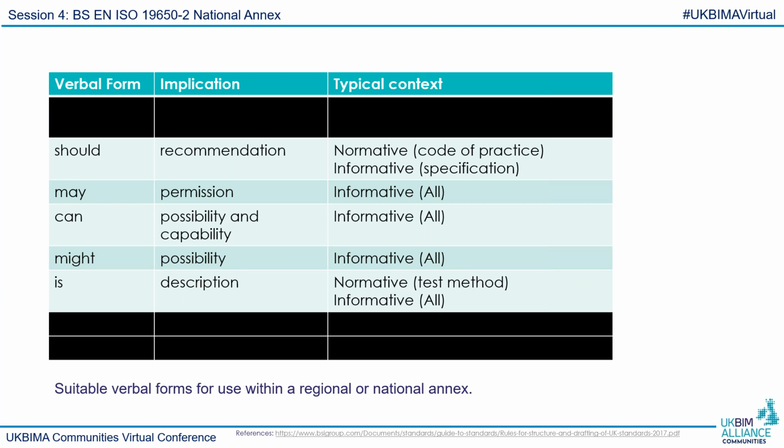But you can't, for example, say that someone shall do something, because you'd be adding an additional provision to that standard and starting to change how it behaves. So it's just trying to make sure that we can control and manage what we are looking at effectively.